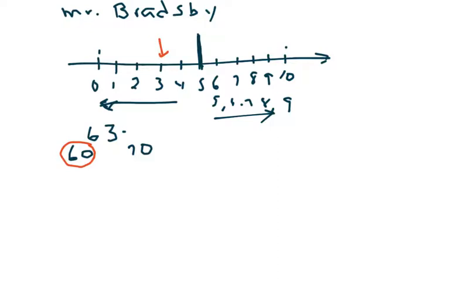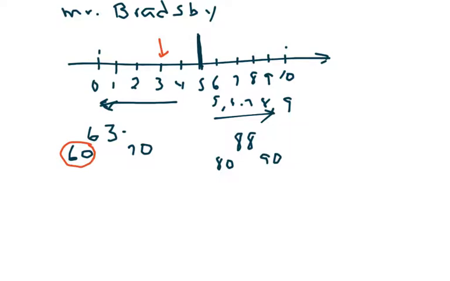Then if we had a number like 88, okay? Well, this would round either to 80 or 90, the nearest 10. Is 88 closer to 80 or closer to 90?